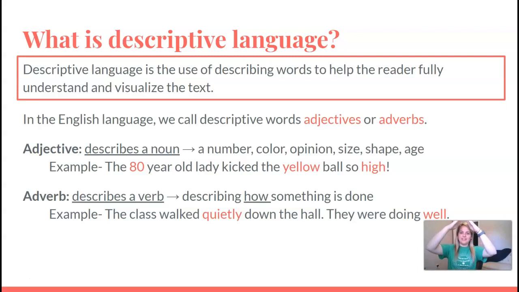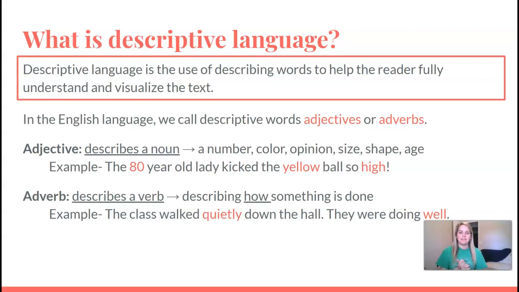An adjective describes a noun. I combined 3 of our actions already from this year. Noun, because remember, people are nouns. So if it's describing you, it's an adjective. If it's describing a place or a thing, it's an adjective. And describes. We usually do this motion when we talk about describing.